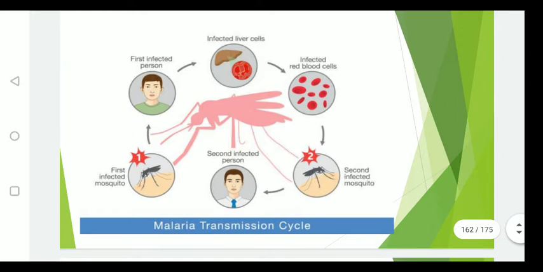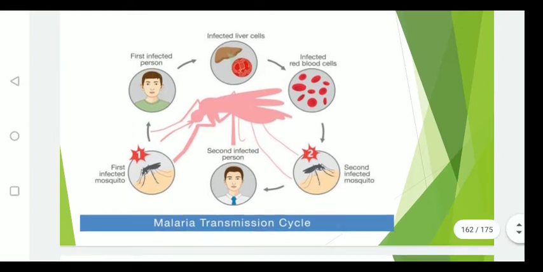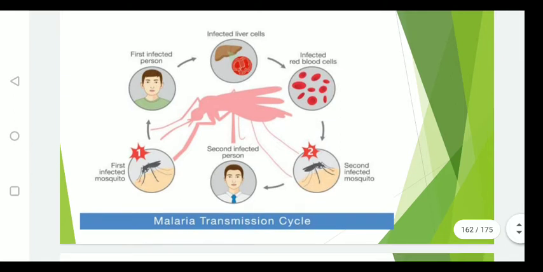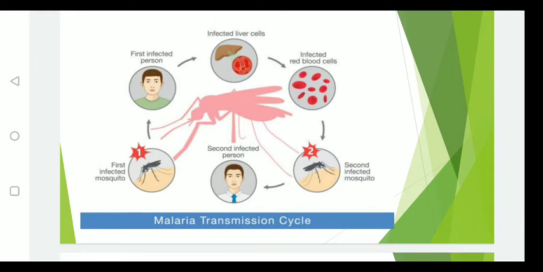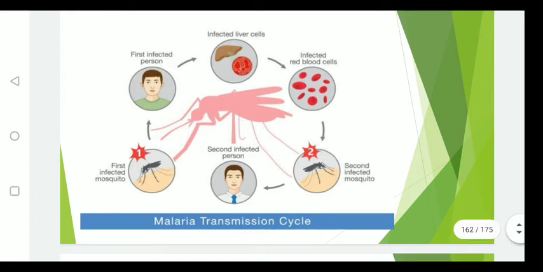In the liver of the first infected person, the liver cells become damaged, that is, infected liver cells, and these liver cells then infect the red blood cells. So the infected red blood cells will be there.